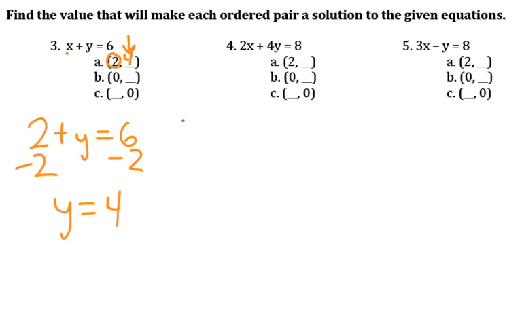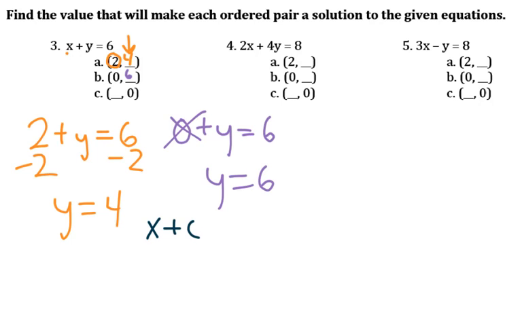For B, put in 0 for x. That just eliminates, so y has to equal 6. For C, now we're not putting in x, we're putting in a 0 for y. So x would also have to be 6.